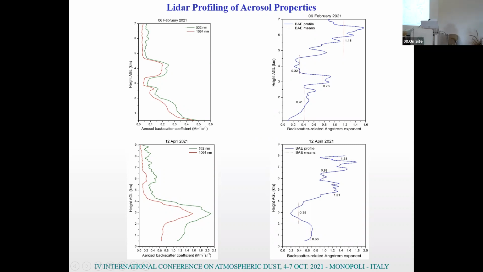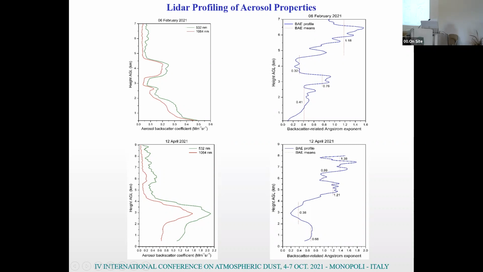In the case of Event 2, the vertical backscatter profiles show much higher densities of the aerosol dust layers, confined in the lower part of the troposphere, which is typical of dust intrusions over the Balkans during the spring-summer season.